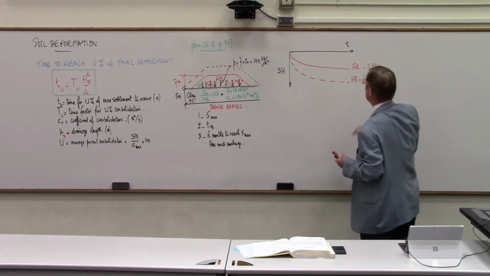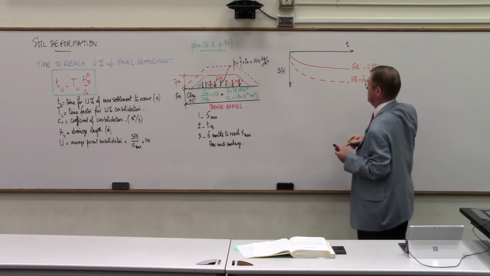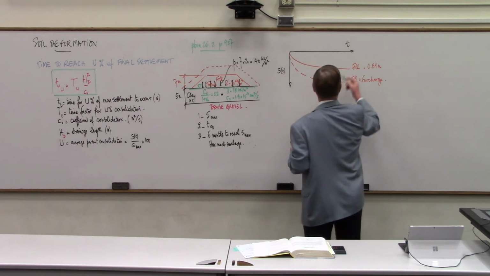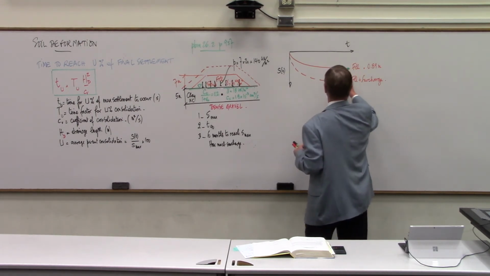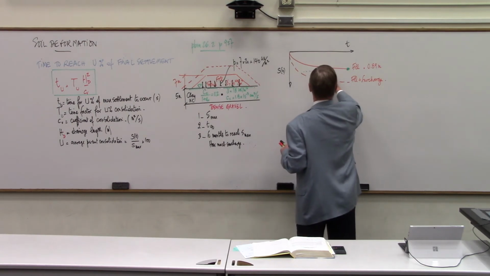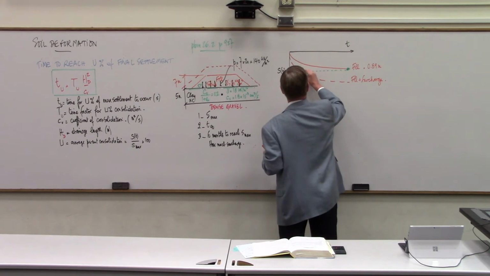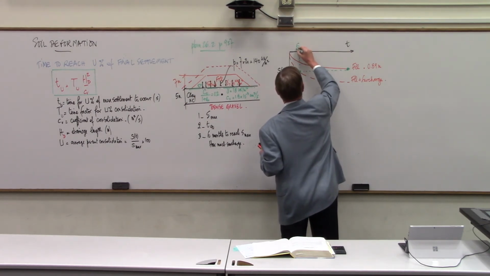So you see here that, yes, it takes the same amount of time to reach the maximum settlement, but the trick is that while this is 341 days, I can speed up the process because all I want is 0.9, not the maximum value. So right here, I've got to find a way to make this 6 months.